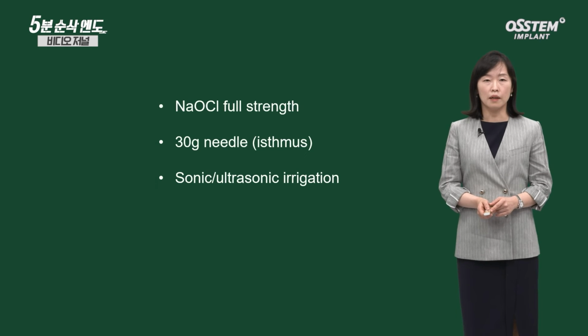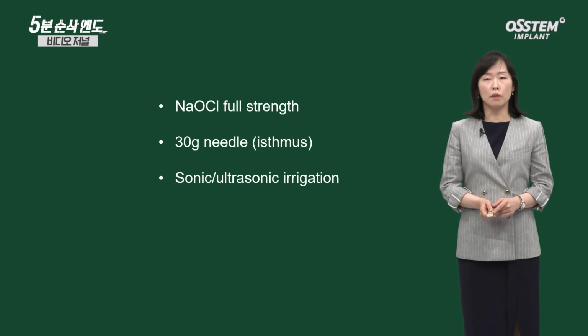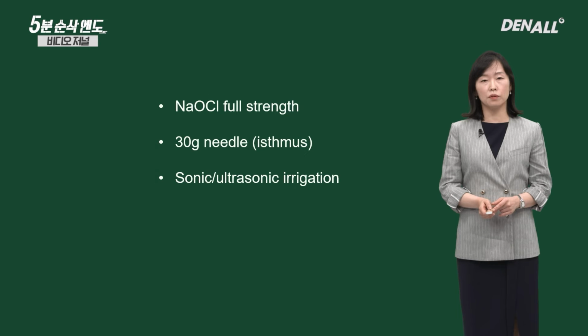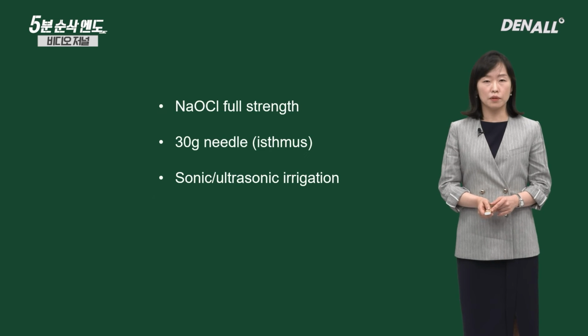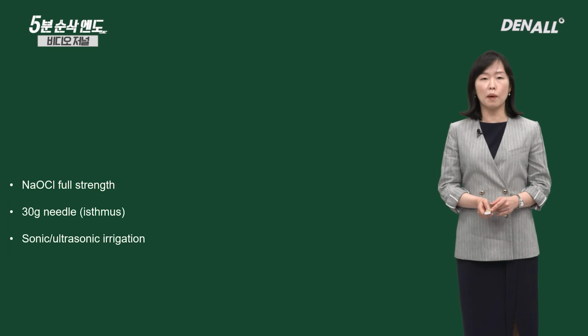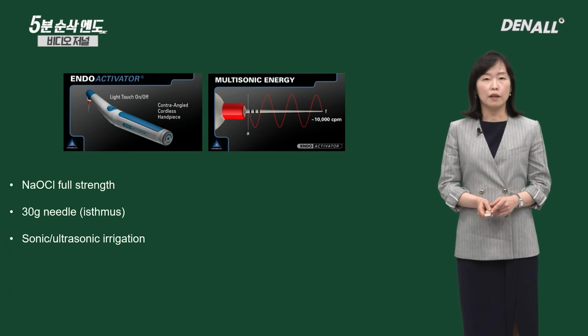I use a very thin 30 gauge needle to address the isthmus where it cannot be addressed using a regular needle. I also use sonic and ultrasonic irrigation to maximize the cleansing effect and increase the success of endodontic treatment.